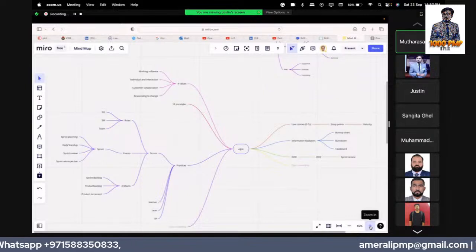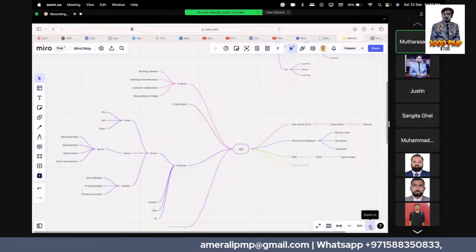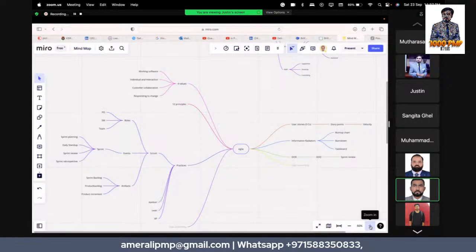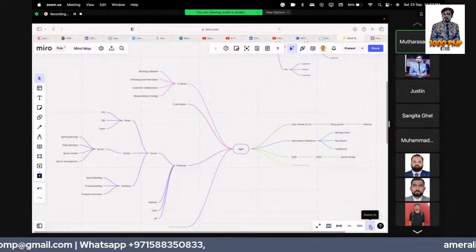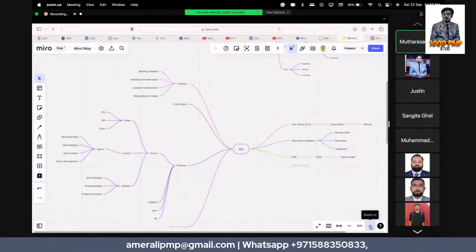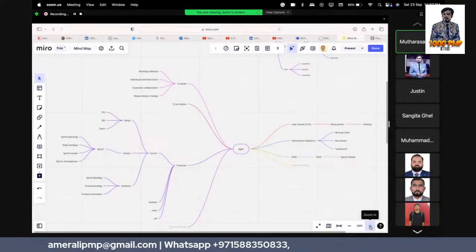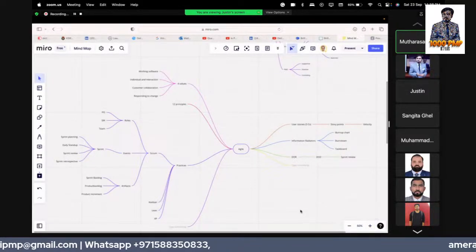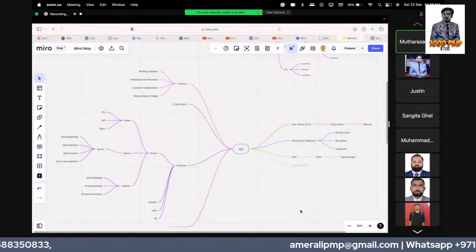The roles are 3: product owner, servant leader, and team. Events are 5: sprint planning, daily stand-up, sprint review, and sprint retrospective. Artifacts are 3: sprint backlog, product backlog, and product increment.